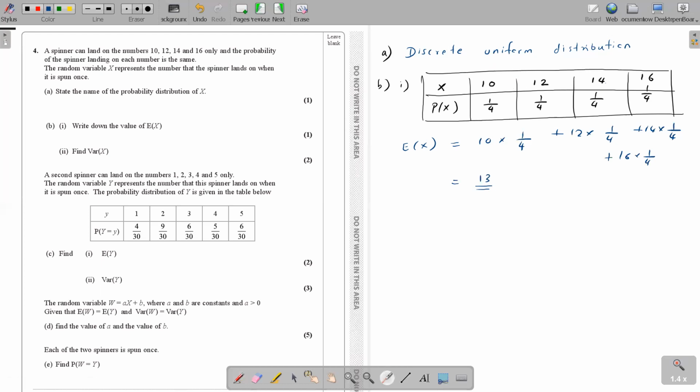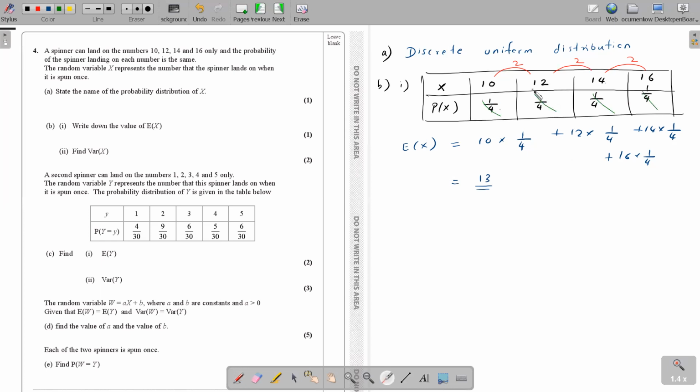The thing is, here it's actually symmetric. Can you see that from 10 to 12 you jump by 2, and everything is in order? 10, 12, 14, 16 are given in order, and you are getting a mean value here. Since the probabilities are equal for everyone, you don't need to consider them; they should be considered only if your probabilities are different. If the probabilities are equal, they become redundant.